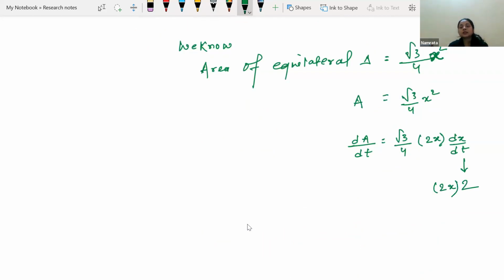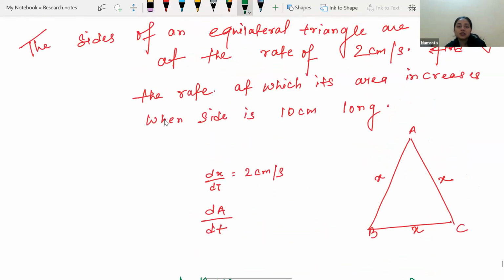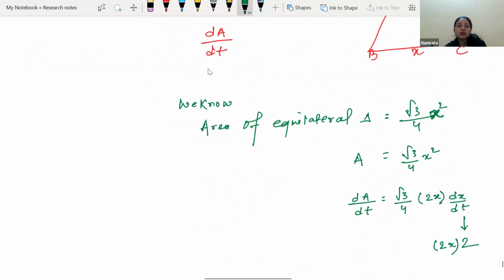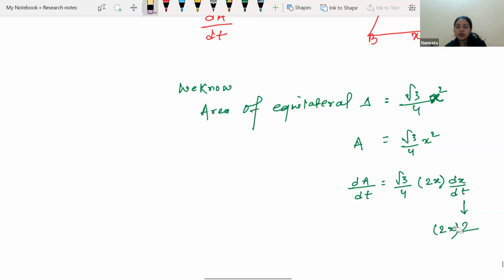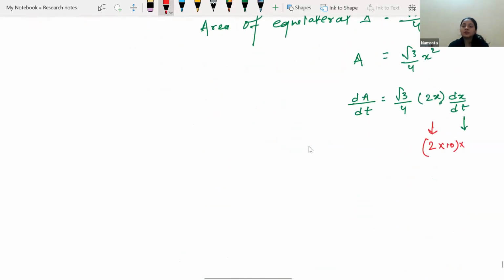This is 2x. Okay, x is also given: when the side is 10 centimeter long. So we just need to substitute the values. The side is 10 centimeter, dx over dt is 2, with root 3 by 4 in front, so dA over dt is 10 root 3.